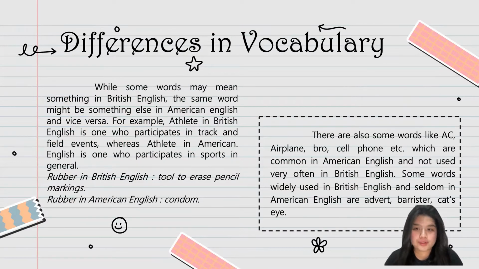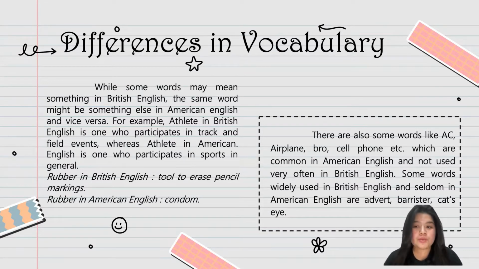Differences in vocabulary. While some words might mean something in British English, the same word might mean something else in American English and vice versa. For example, athlete in British English is one who participates in track and field events, whereas athlete in American English is one who participates in sport in general.